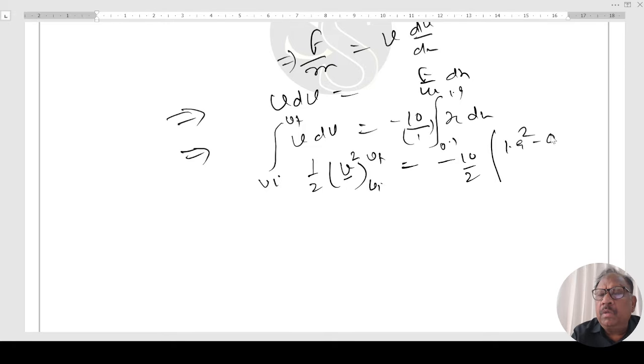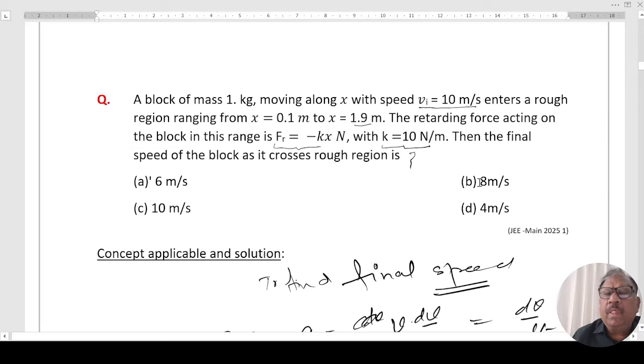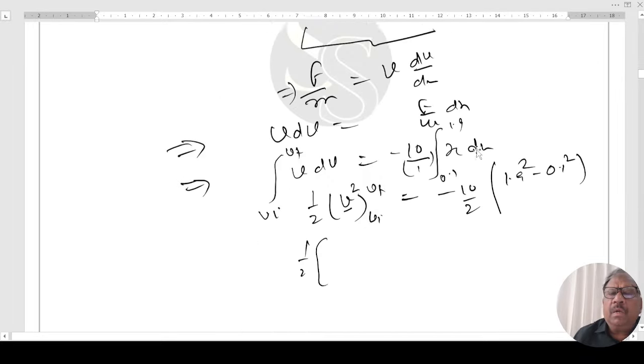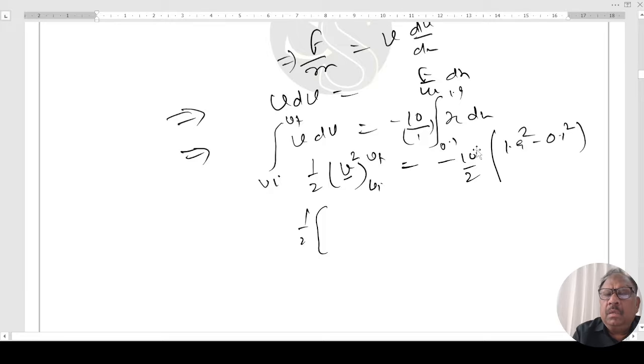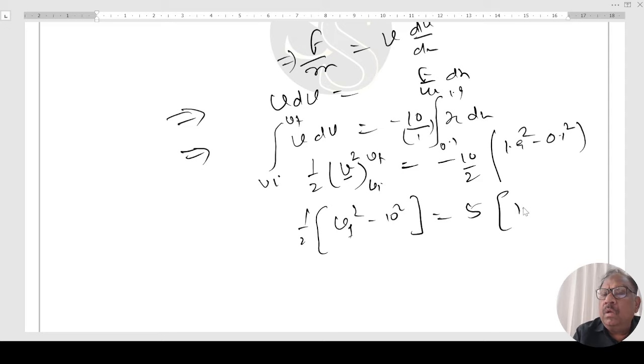1.9 square minus 0.1 square, that is 1 by 2 v square. Initial velocity is given to you, 10. Vf square minus 10 square, that is 5 into (1.9 plus 0.1) and (1.9 minus 0.1), that is 5 into 2 into 1.8.